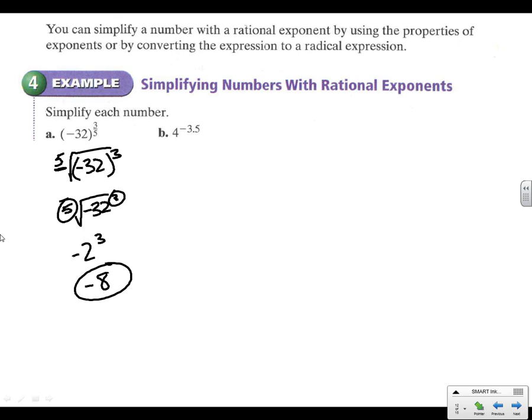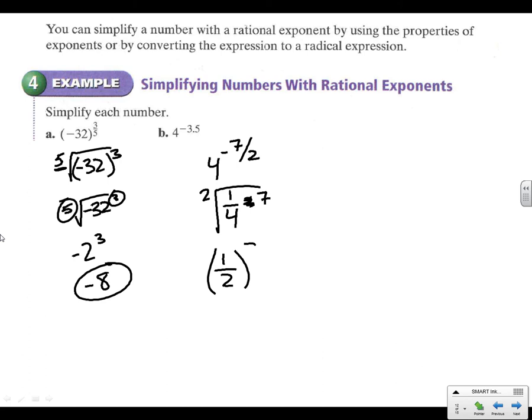Same thing here for 4. This is 4 to the negative 7 over 2. So we're going to have 4 squared on the inside, and we're going to have 1 over 4 squared because of the negative. I did this backwards. 2 on the outside, 7 on the inside. So let's make it small first. The square root of 1/4 is 1/2.